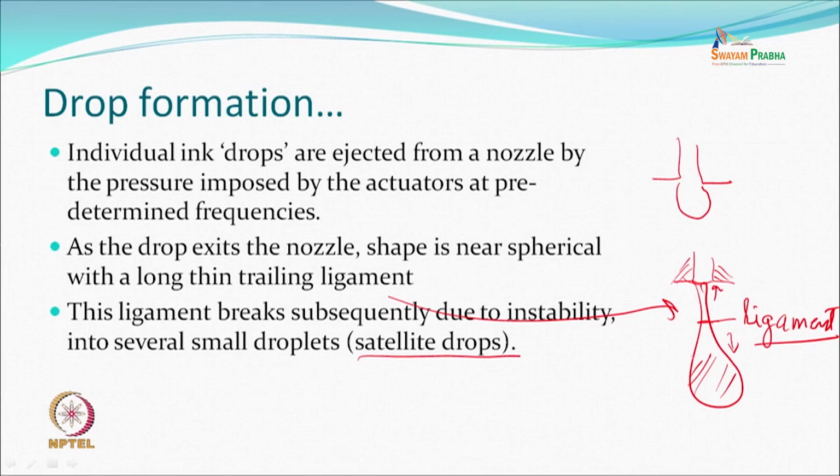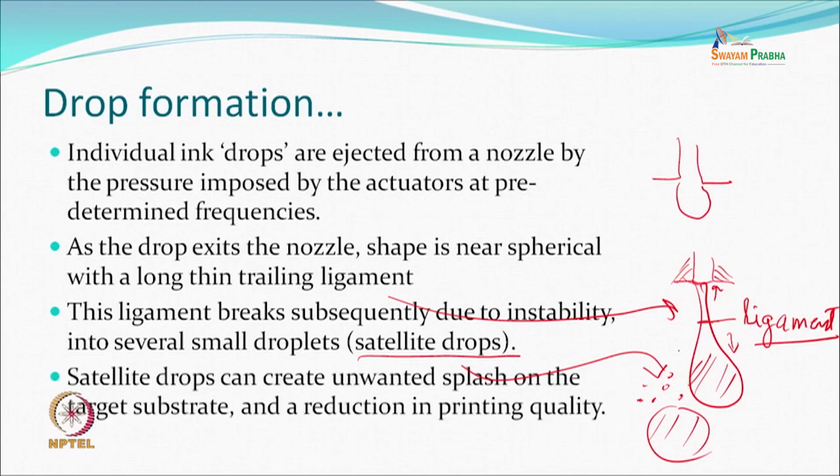While you may have a big drop which is going to become spherical, small drops may also get created as it is breaking, and these are called satellite drops. I do not think it is a good idea. The satellite drops can create unwanted splash on the target substrate, whether it is paper or fabric, and this obviously means there is a reduction in print quality.